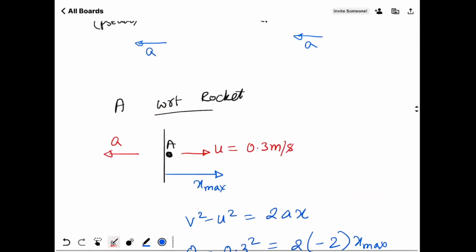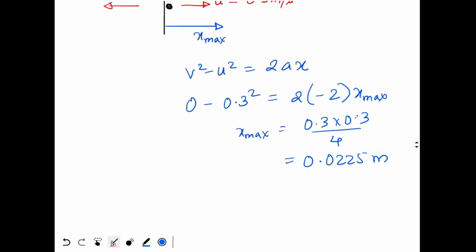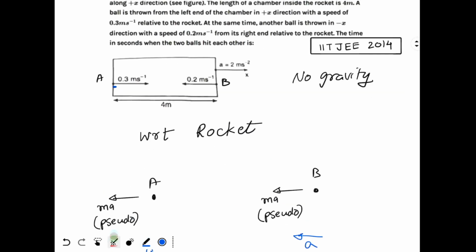Particle A always remains very close to the left side wall. This distance is negligible as compared to 4 meter, so we can ignore the motion of particle A.